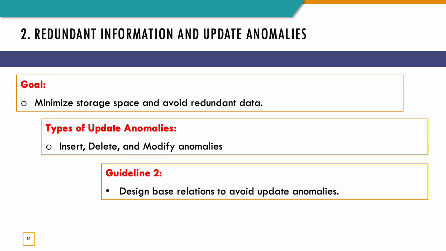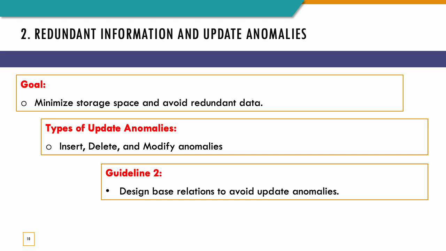So, to avoid this, we try to store each piece of information just once in the right place and then link it to other data when it's needed. This helps in saving space and reduces the chances of mistakes.